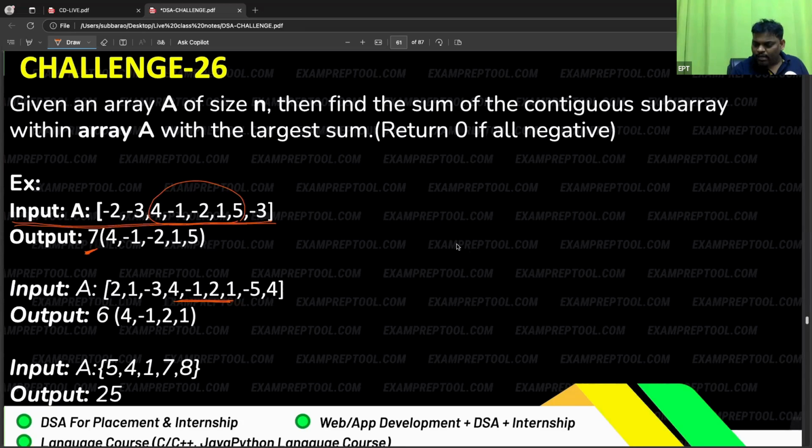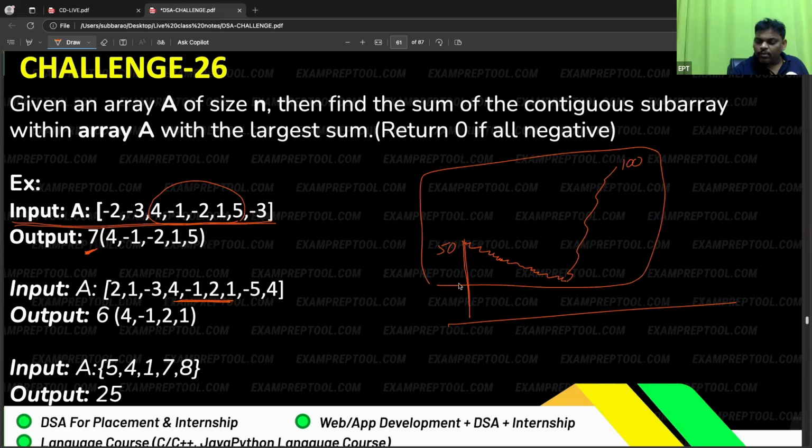Let us assume I bought one share at price 50. Now it keeps on decreasing, but I will continue if I think that after some point of time it may go to 100. So even though some negatives are there, overall it will be positive and beneficial.